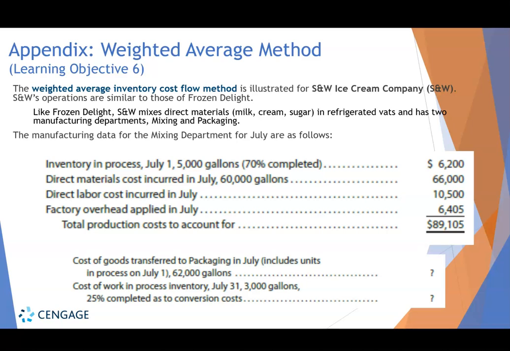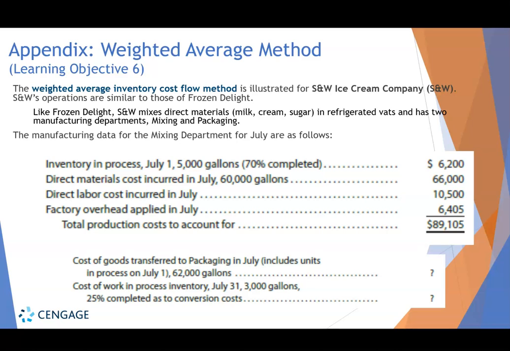We need to figure out cost of goods transferred to packaging in July, and that, of course, includes the beginning units in process. And then the cost of work in process at the end of the period.